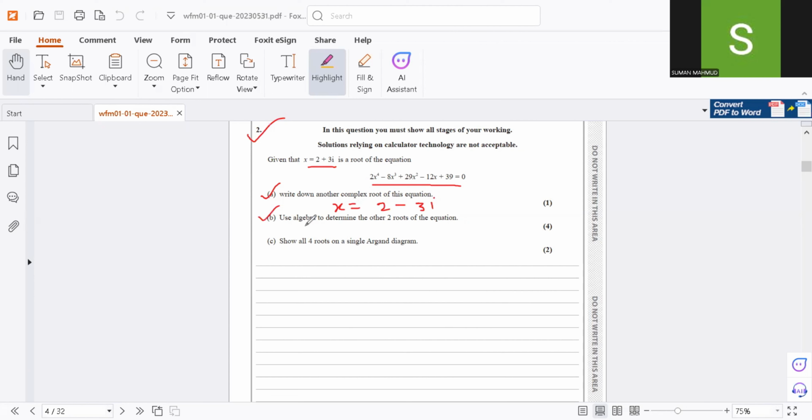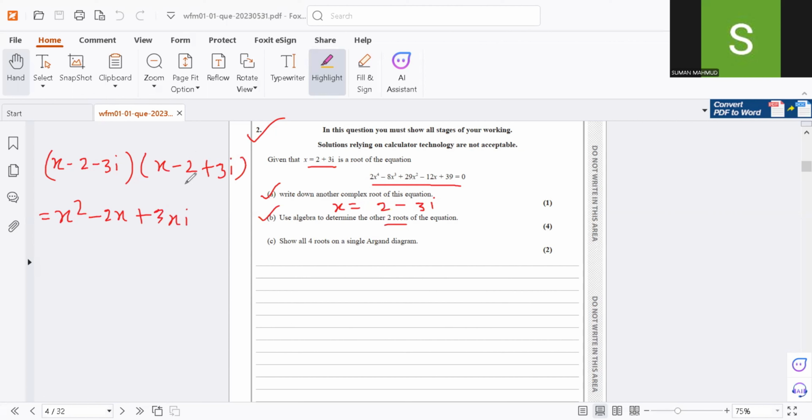Question number b: use algebra to determine the other two roots of the equation. Already we have two roots, so make factors of the two roots and multiply them, then we get the quadratic. So the first factor, we can write x minus 2 minus 3i and multiply by x minus 2 plus 3i. So multiplication: x squared minus 2x and 3xi.